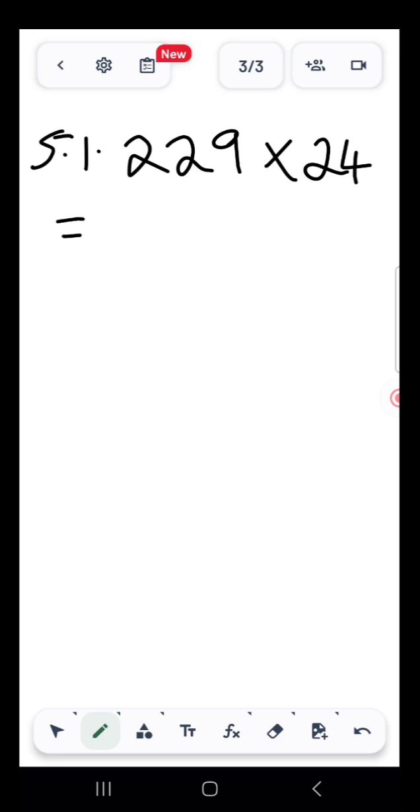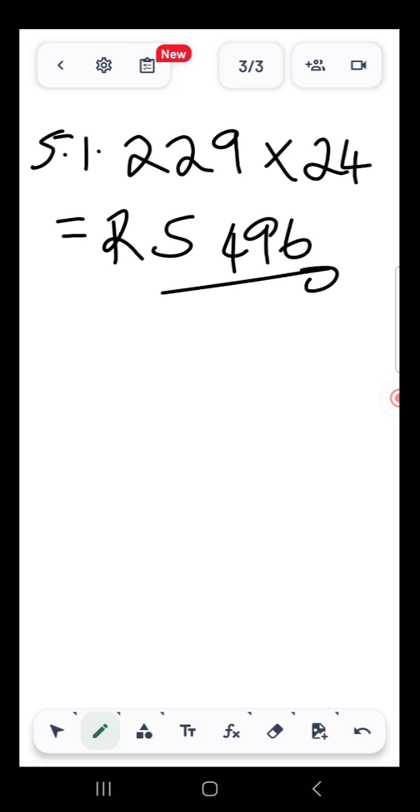And then our final answer is 5,496 rand. So that one should be easy enough to figure out. The amount that needs to be paid is 5,496 rand.